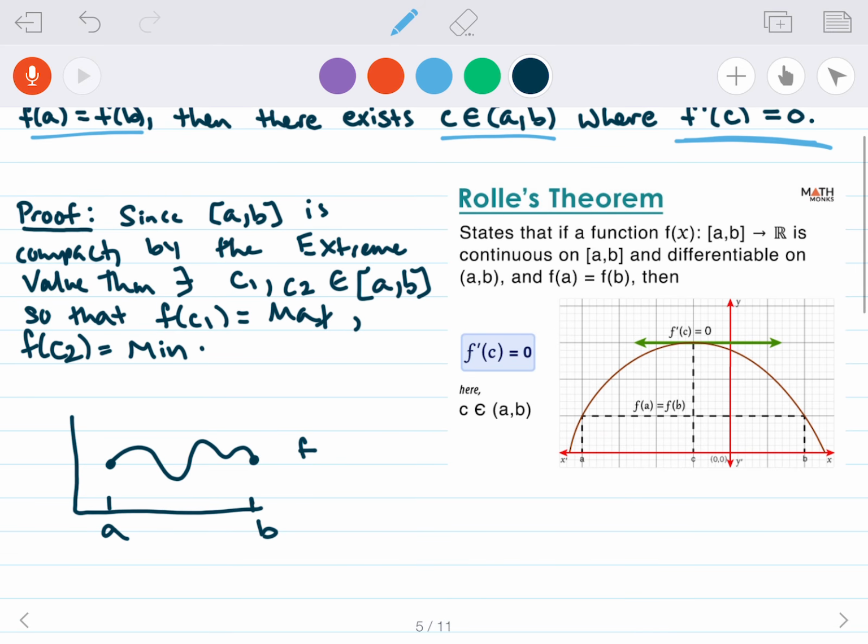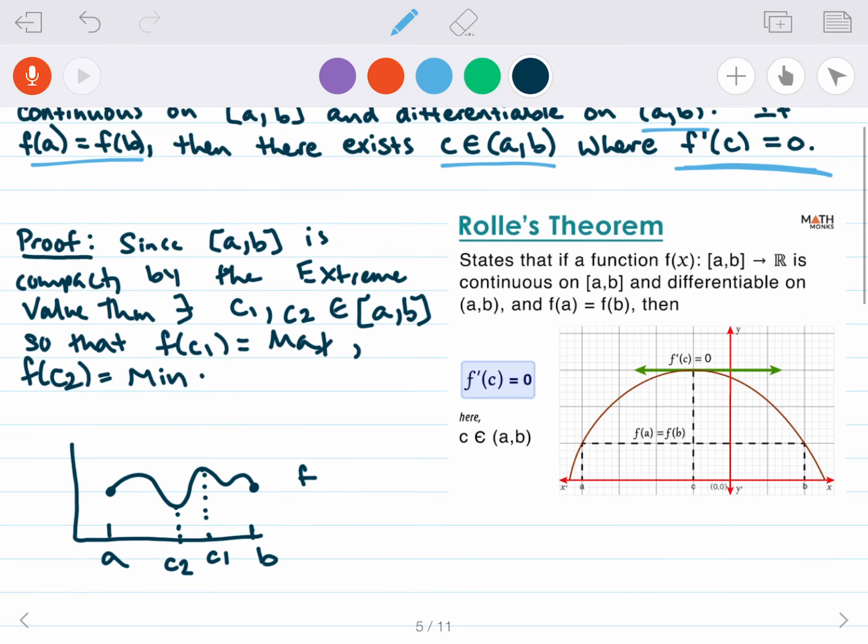Okay, so C1 is the max and C2 is the min. From how I drew my picture, this guy is C1, the max, and this guy right here is the min. And what are we trying to show?